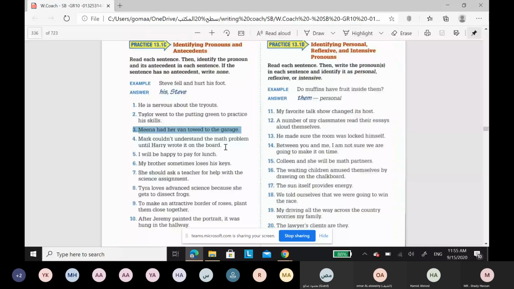Mark could not understand the math problem until Harry wrote it on the board. Again, Mark could not understand the math problem until Harry wrote it on the board.